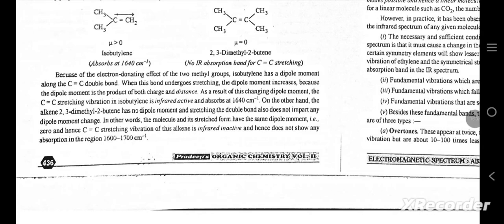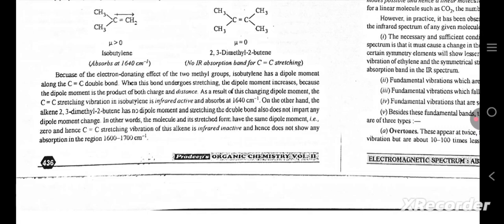Because of the electron donating effect of the two methyl groups, isobutylene has a dipole moment along the C=C bond. When this bond undergoes stretching, the dipole moment increases because the dipole moment is the product of both charge and distance. As a result of this changing dipole moment, the C=C stretching vibration in isobutylene is infrared active and absorbs at 1640 cm.